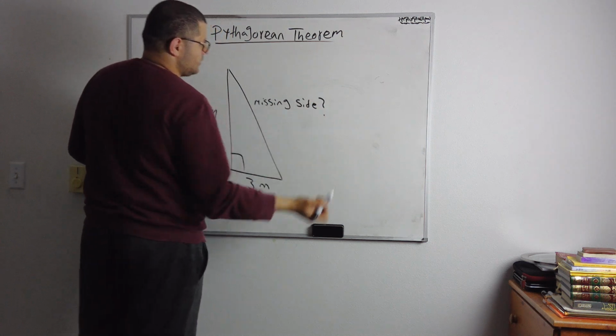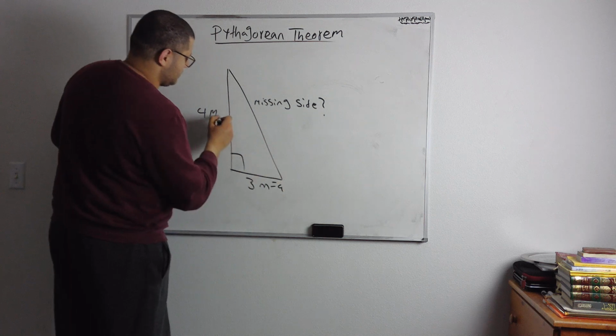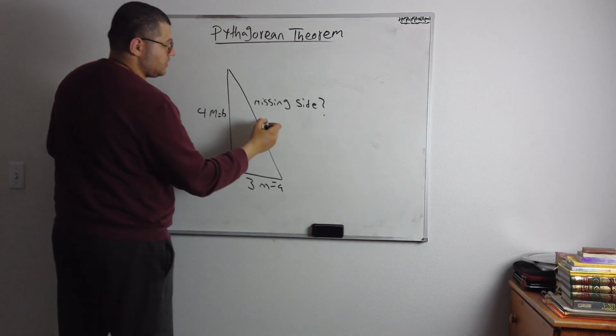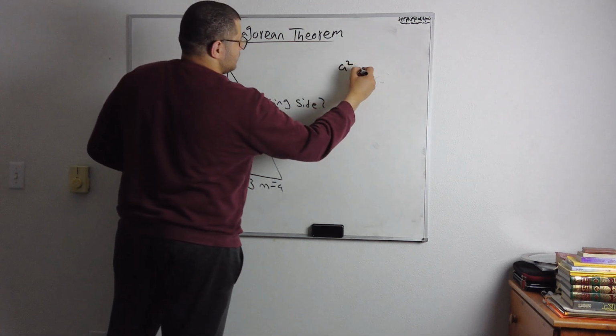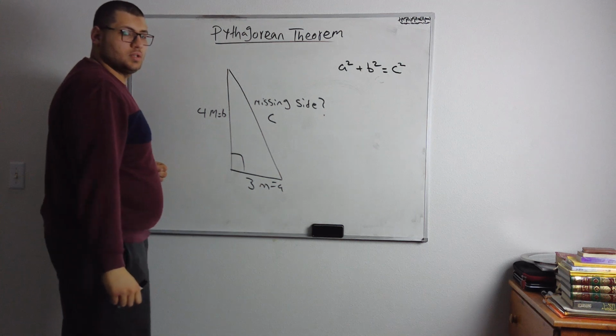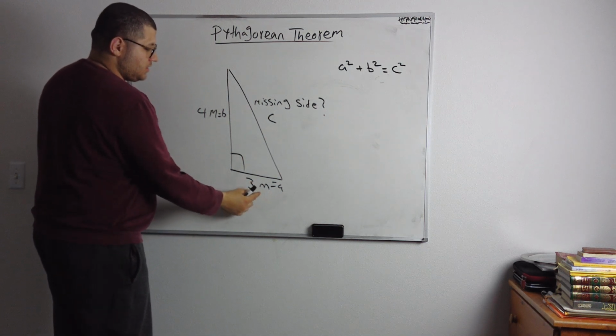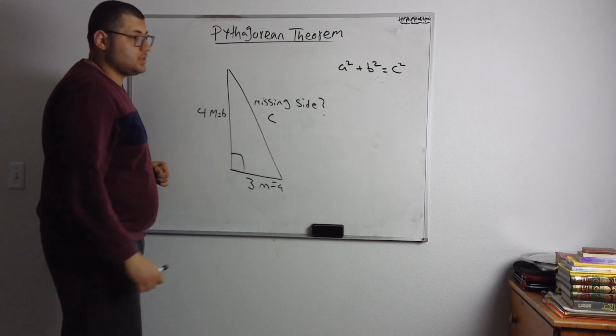What is the missing side? This is A, right? This is B. The missing side has to be C. We know that A squared plus B squared is equal to C squared. So if we plug these numbers into our theorem, we can easily find C.